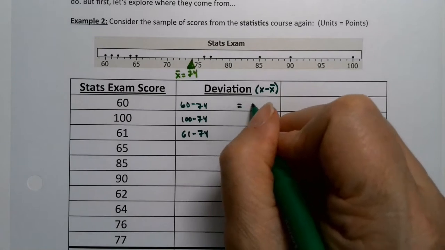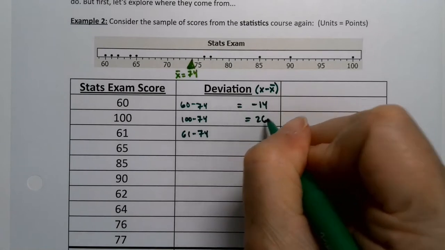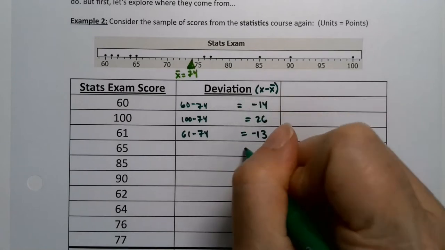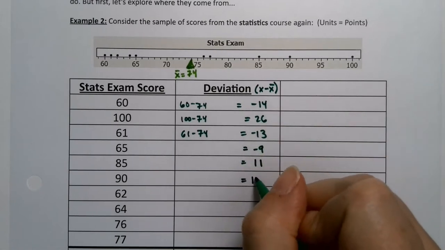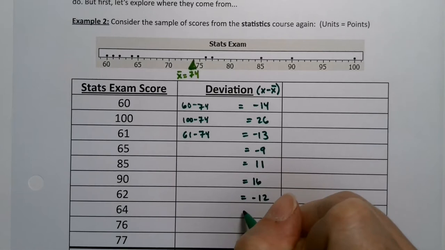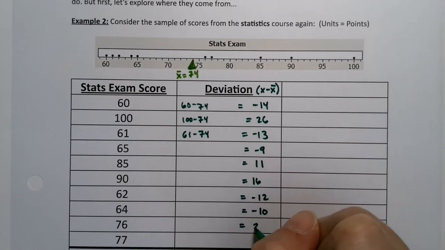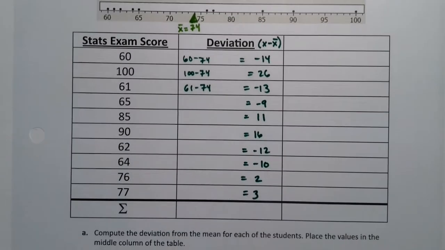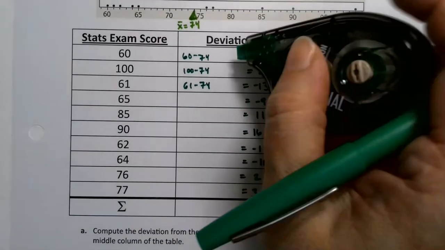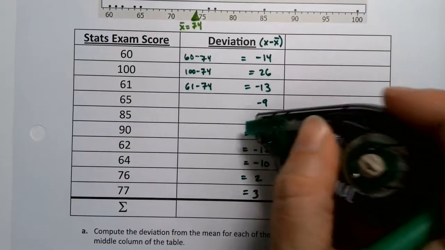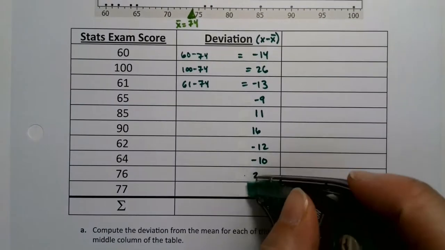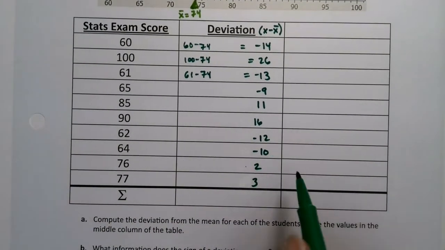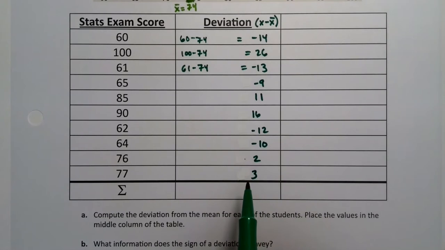So this is negative 14, 26, negative 13, negative 9, 11, 16, negative 12, negative 10, 2, and 3. I don't really need all those equal signs in there. I was just doing it for those top lines, but I don't really need them there. Those are the deviations, how far you deviate from the mean.